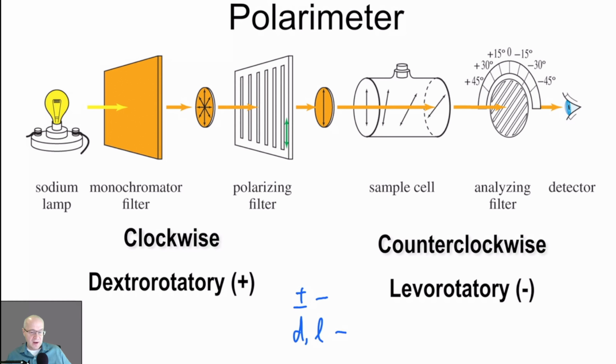You may have seen that on product labels. This is where they're coming from. Plus means positive rotation, negative means negative rotation, D means dextrorotatory, L means levorotatory. If not, go read some nutritional supplement labels, especially amino acids, and you'll probably see these. That's where they come from.